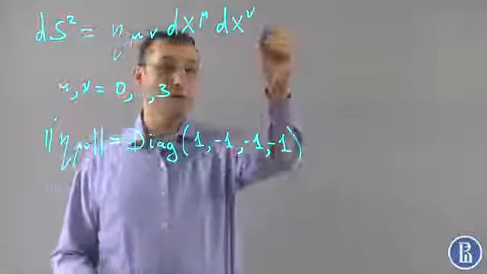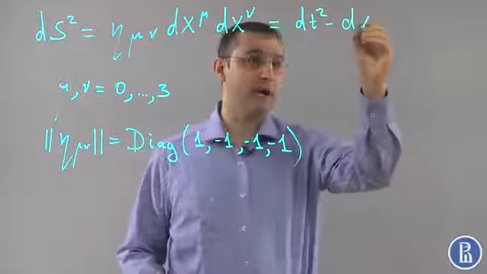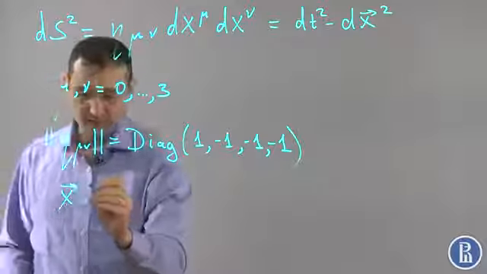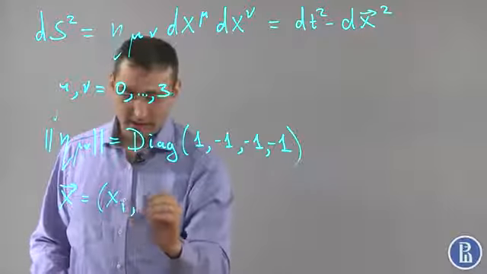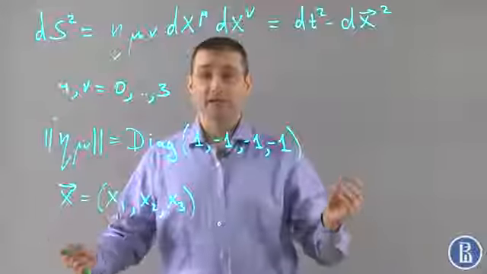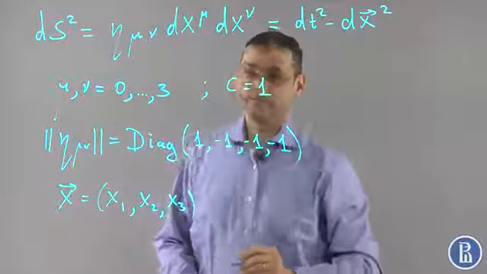As a result, we have dt squared minus dx vector squared, where x vector is just x1, x2, x3. And throughout my lectures, I will assume that the speed of light is set to be 1.